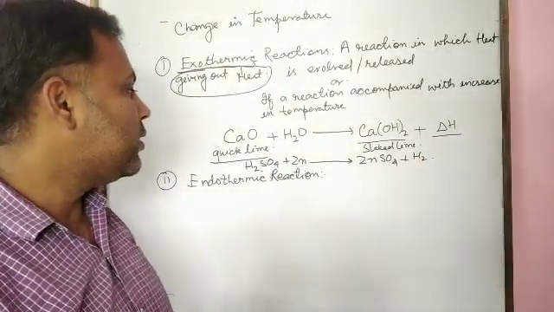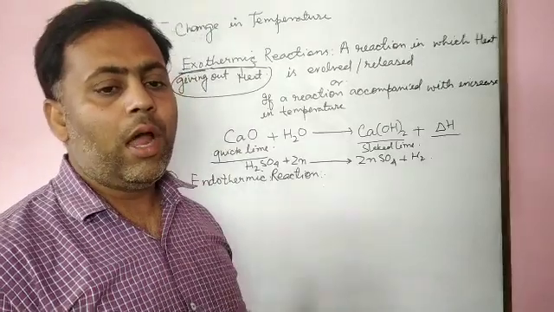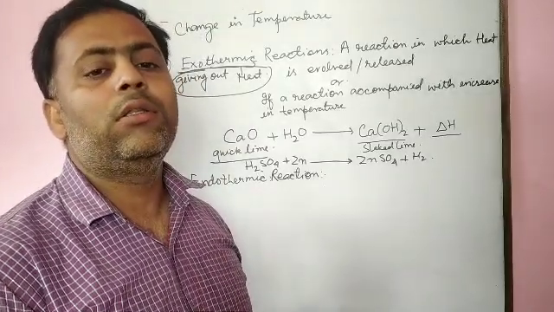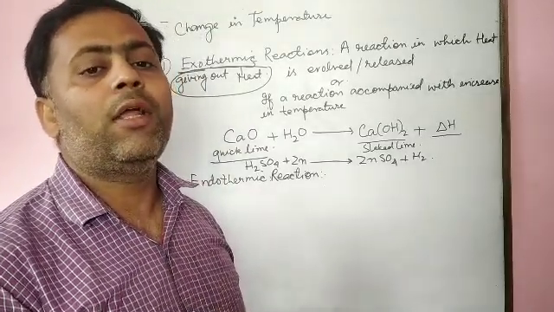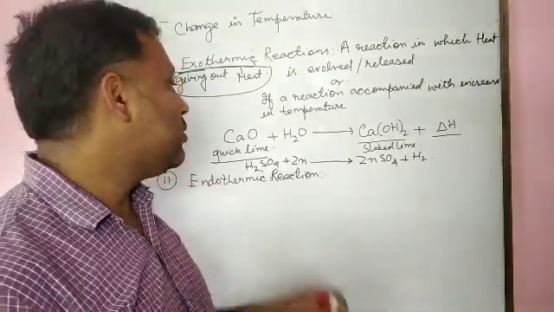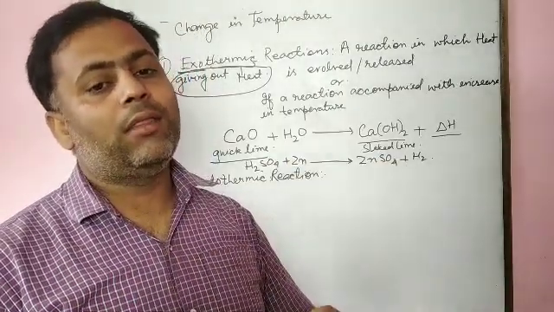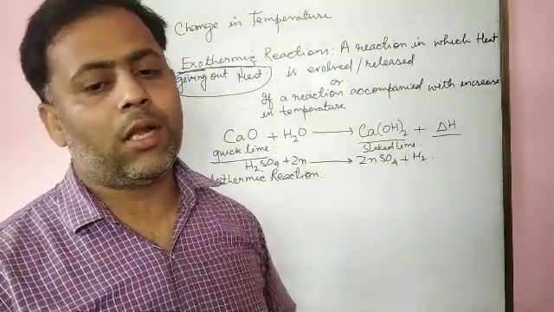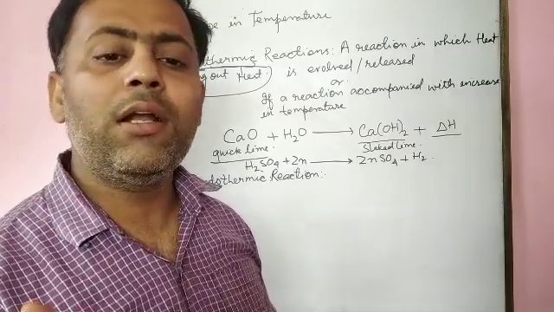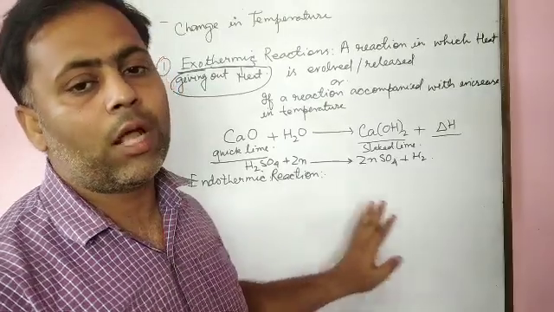When we add zinc granules to sulfuric acid solution and touch the container, we observe that there is an increase in the temperature. Why is it so? Because when this reaction progresses, the heat is released, and that heat heats up the container. That's why there is a rise in the temperature. Clear?